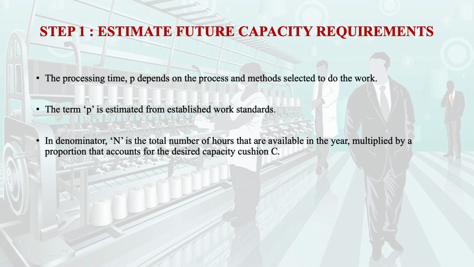We take the help of a stopwatch, we try to have an ideal or efficient person, and with the help of the stopwatch we determine the time, and then we exclude some of the allowances and we get the standard time and then the normal time for a particular operation or process. In the denominator, N is the total number of hours available in the year multiplied by a proportion that accounts for the desired capacity quotient.